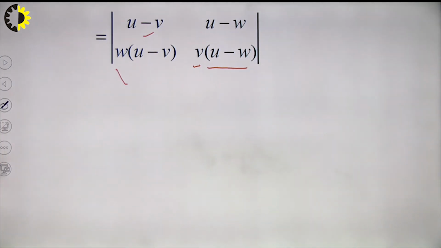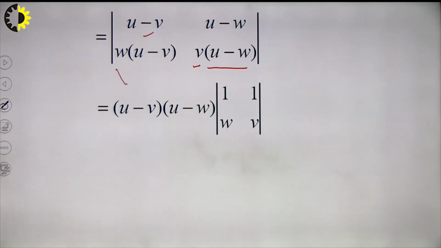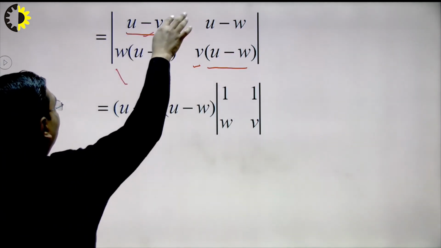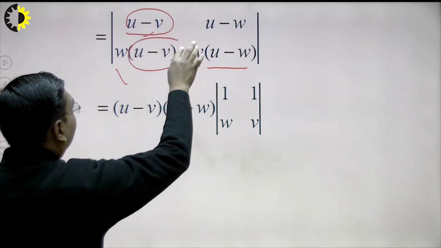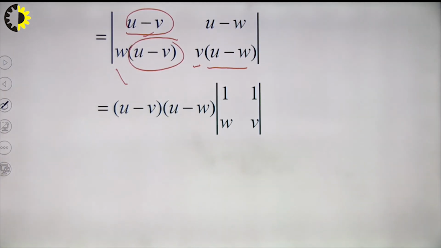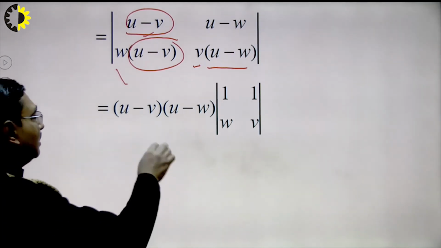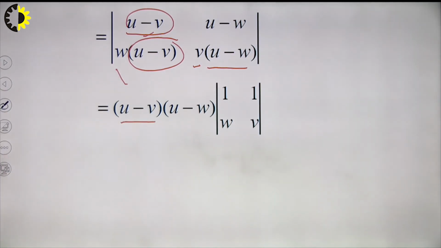Now, this can be further simplified by taking u minus v common from the first column. In the first column, u minus v is occurring in both elements, so I can take it outside from the determinant.